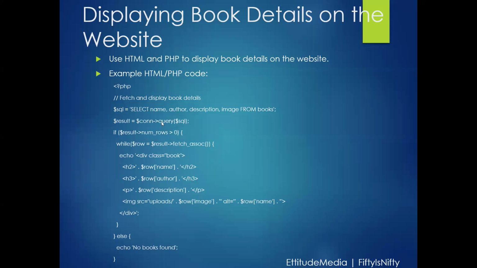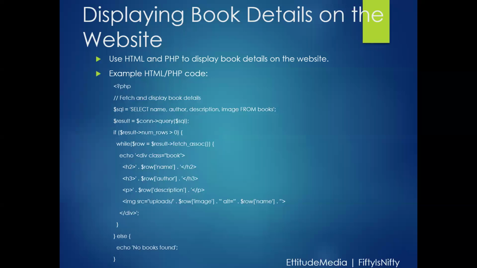We displayed it yesterday using the manually entered book. But today we are going to create an index file where we'll show all the books which are in your database. By now, at least two should be there: one you entered yesterday and one you should have entered today. You could have entered more today.